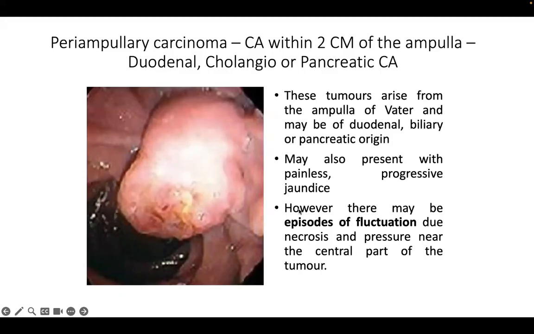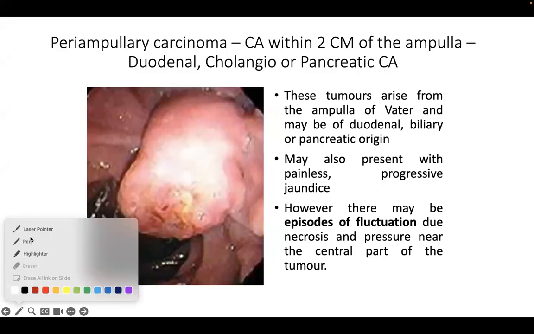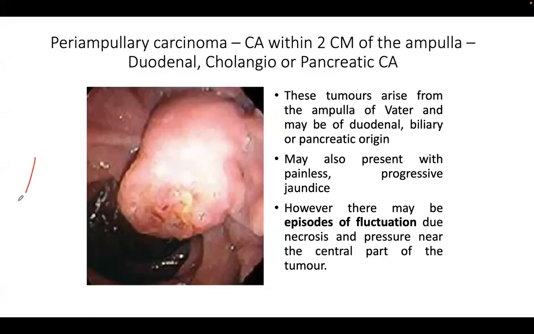So remember that. Let me just draw this. You have your duct coming in, then you have your duodenum, your duct, as well as your pancreas. It's a very bad drawing. This is where your tumor is. When you have a tumor like this, the tumor will get big and obstruct.